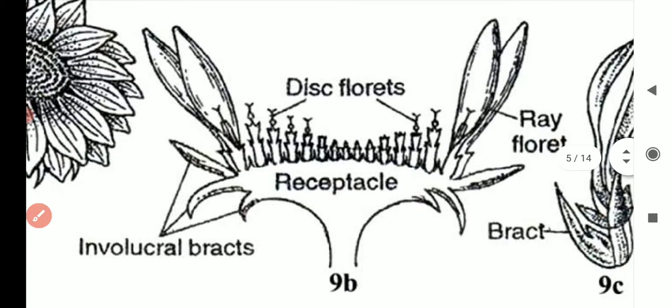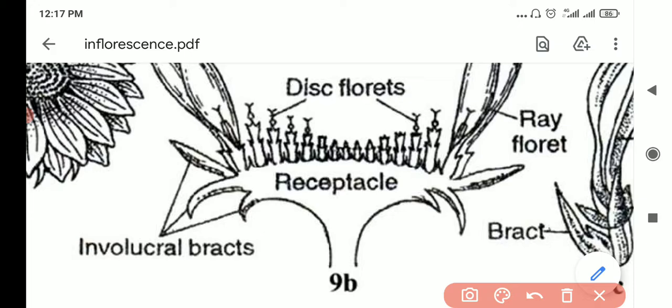So I'll just wait for a few seconds. You look at the disc florets. You can see the flowers, you can see the gynosium, you can see the sepals and petals in the disc floret. Then you can see the ray florets. Can you see one female there in the ray floret? Yes, you can see. This is the female inside the ray floret. This part is the calyx, this is the corolla, that is the gynosium.